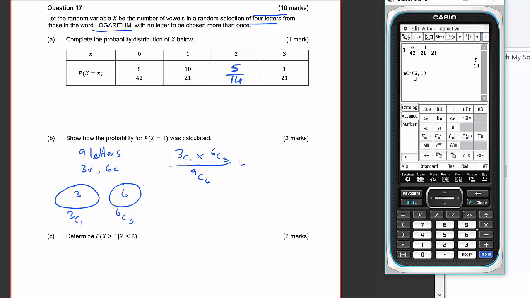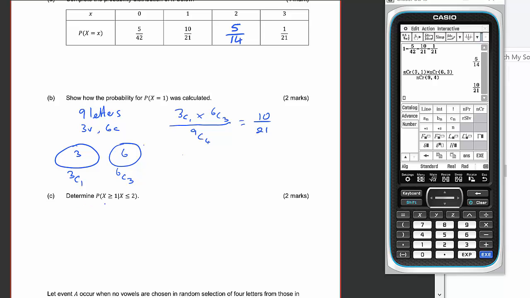You might have known that was just 3. And 6 choose 3, and divide that by 9 choose 4, and that gives us 10 over 21.